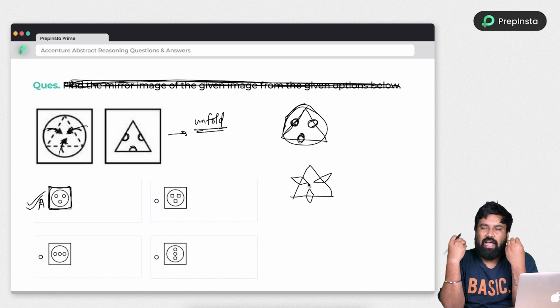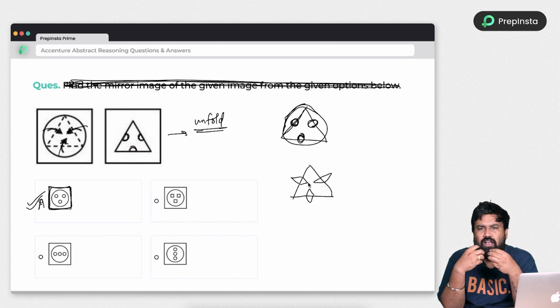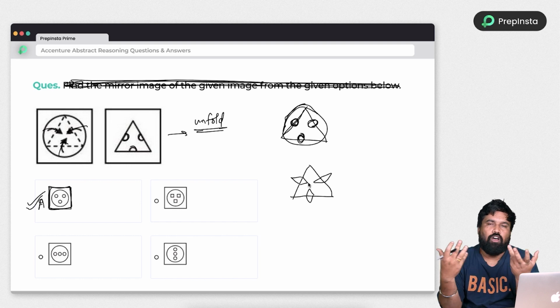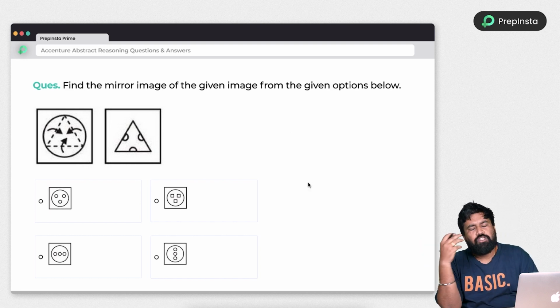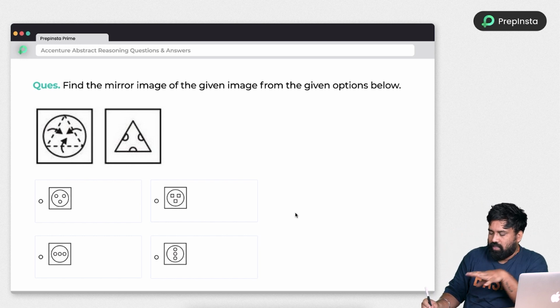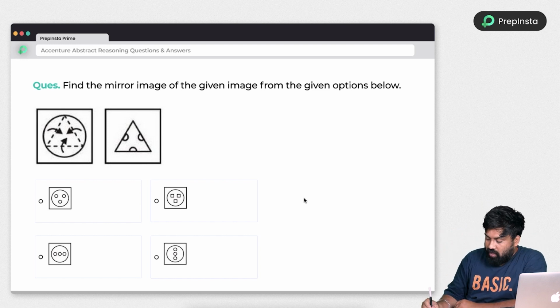This is all about your IQ skills and imaginary skills. There are no shortcuts or formulas in visual reasoning. Visual reasoning is always about your ideology and thinking skills. I hope I don't have to explain much about it.